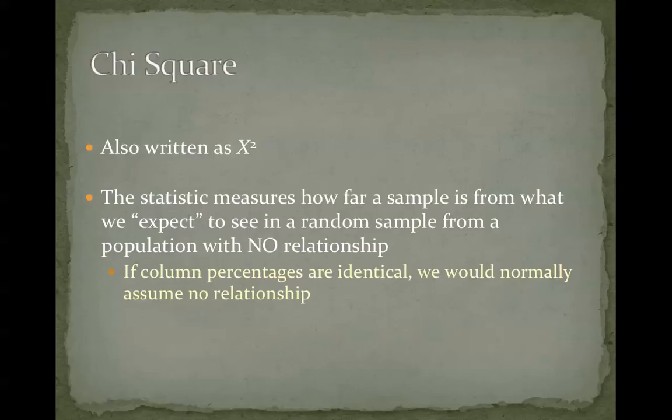The expected frequencies we'll discuss in a second. If the column percentages are identical, we would normally assume that there's no relationship, as we talked about previously. If you look down a column and the percentages are identical, we normally assume there's absolutely no relationship.